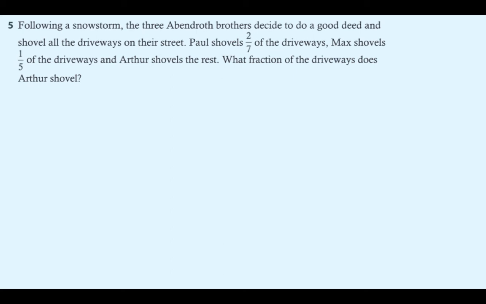So we just need to add the fraction of the two people, and for the rest we need to subtract it from 1. So this should be multiplied by 5 over 5 and this by 7 over 7. So this makes 10 over 35, plus 7 over 35.